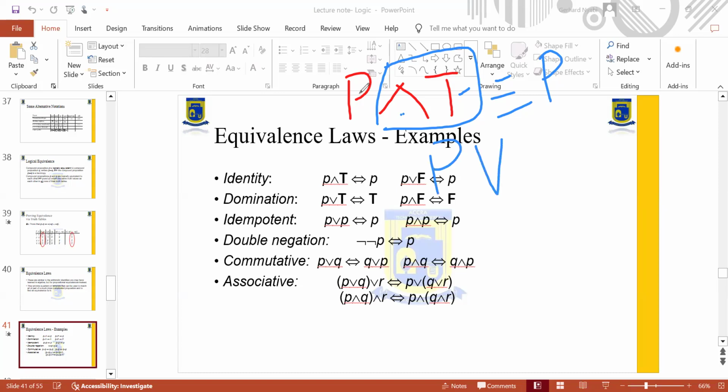The second one that we look at is P or F, which is the same as P. That means that the false does not affect your disjunction. So let's say, using the first example, it is raining, or 2 plus 2 is 10.